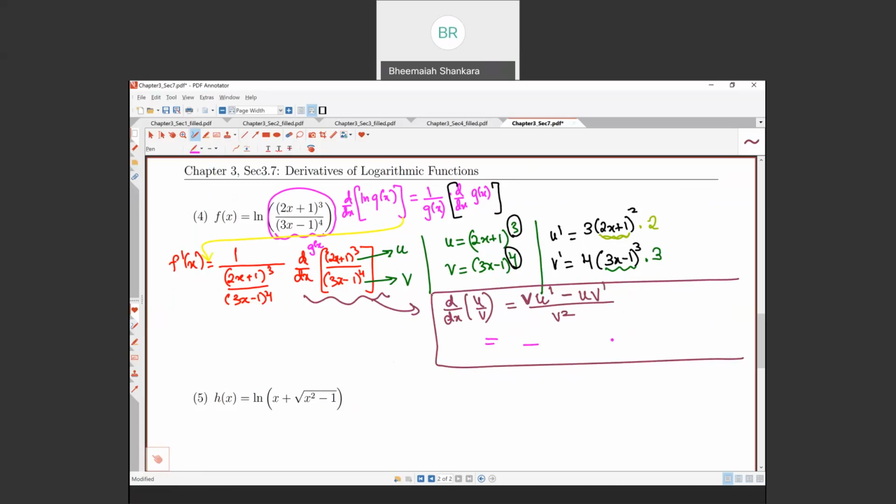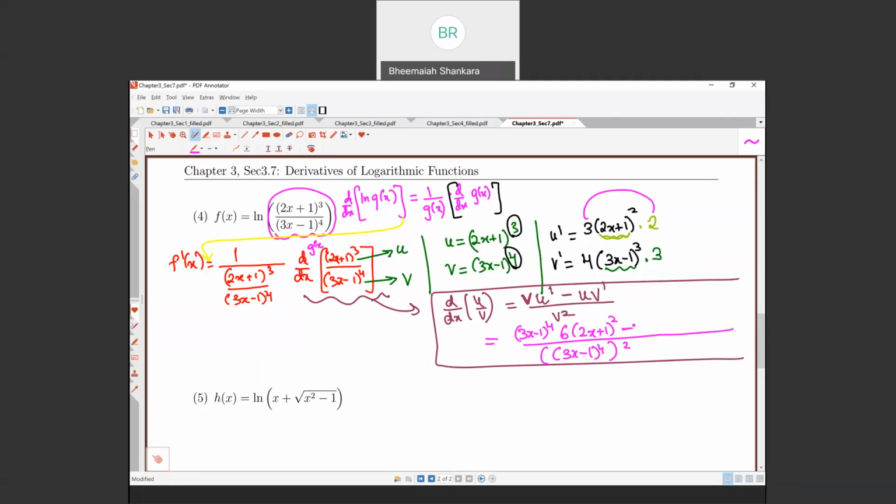So the denominator will be 3x minus 1 to the 4, and then you have a square. Numerator will be v, which is 3x minus 1 to the 4, and then you have u prime, which is 6 times 2x plus 1 squared. I'm multiplying this 3 times 2, I'm writing it as 6. And then you have a negative.